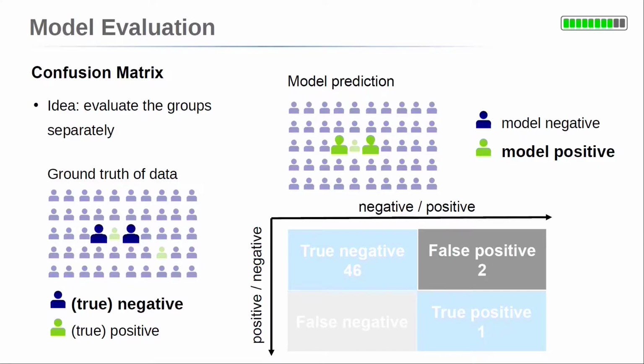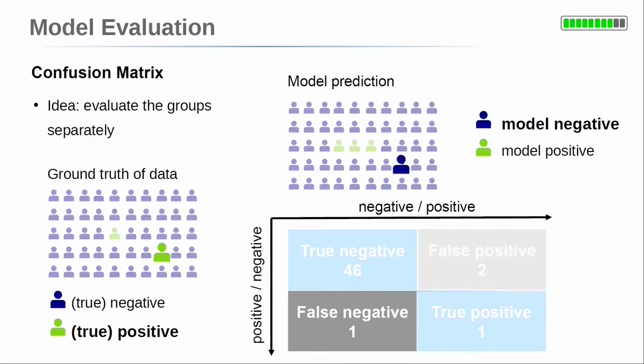Next, we take a look at the misclassified people. First, here are people without a disease, but the model falsely predicted one. For our example, there are 2 people where the model is false positive. Second, we have a single person who has a disease, but it was overlooked by the model.